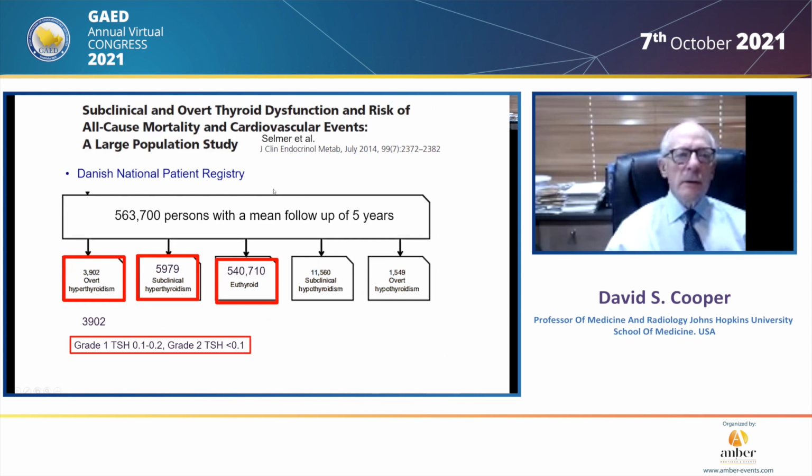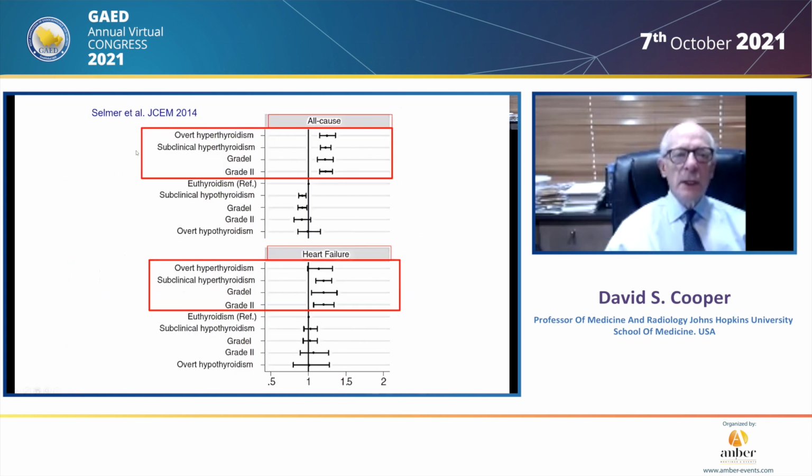And in this study from Denmark, a large population-based study of 4,000 overtly hyperthyroid people, 6,000 subclinically hyperthyroid people, and 540,000 euthyroid people, looking at cardiovascular events. Here you see with overt, subclinical, and then grade 1 and grade 2 subclinical, increases in all-cause mortality and increases in heart failure.